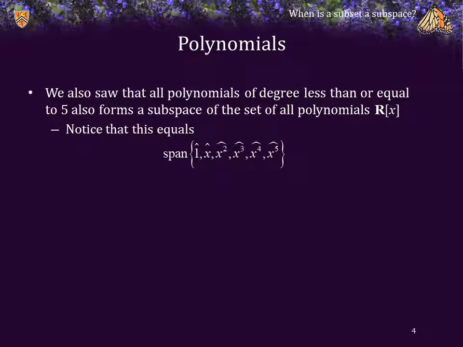Thus, the set of all polynomials of degree less than or equal to 5 does form a subspace of the set of all polynomials, and it is defined by this particular span.